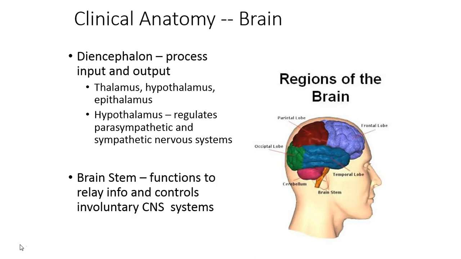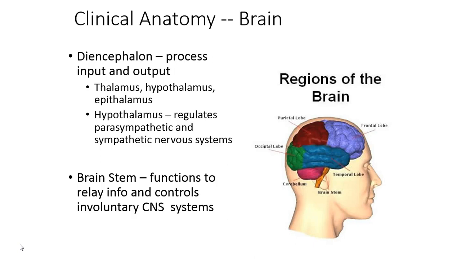Other parts of your brain. You have a diencephalon, which is just more specific, processes the input and output sent from your efferent and afferent nerves that go in and out of your brain. And your hypothalamus regulates parasympathetic and sympathetic nervous systems.